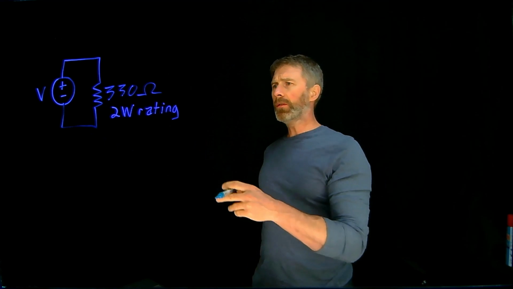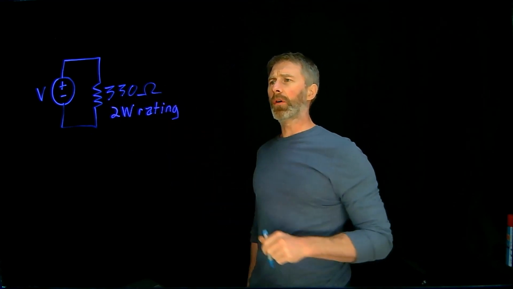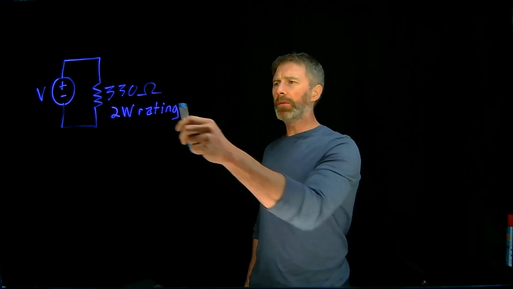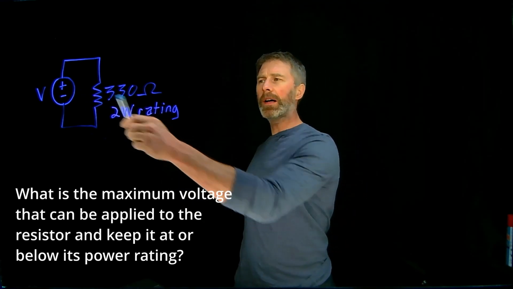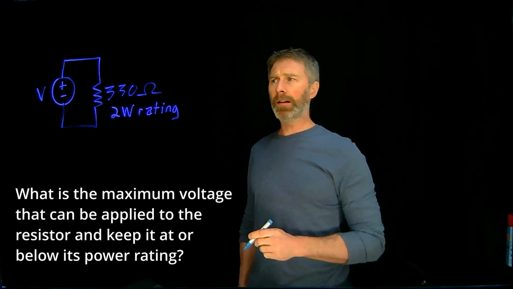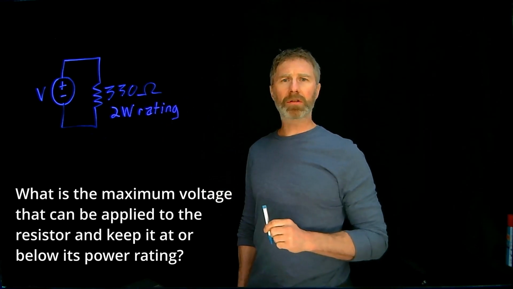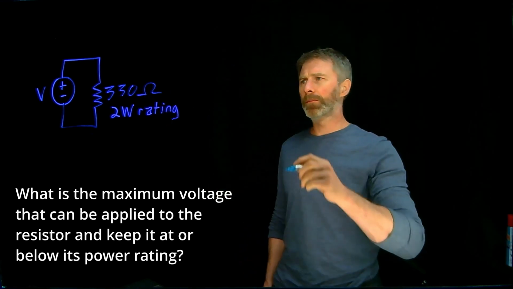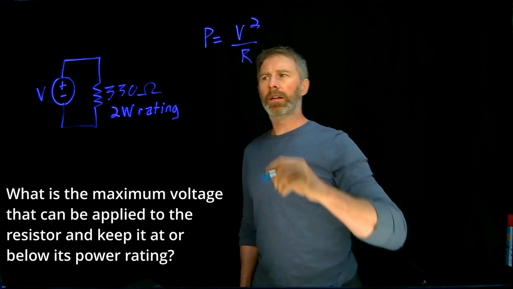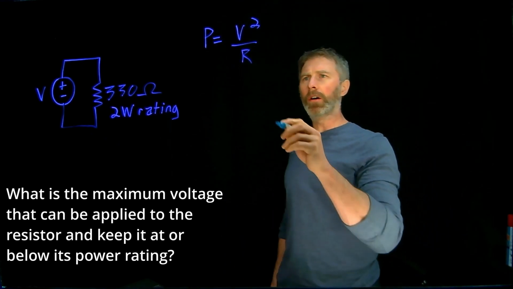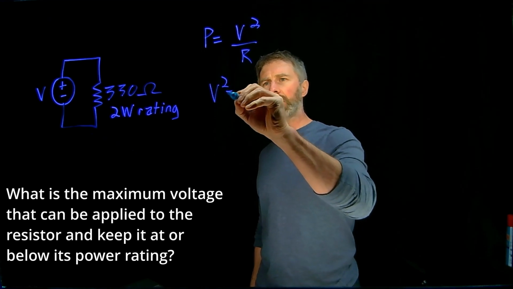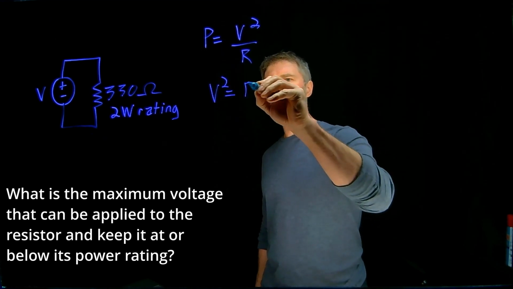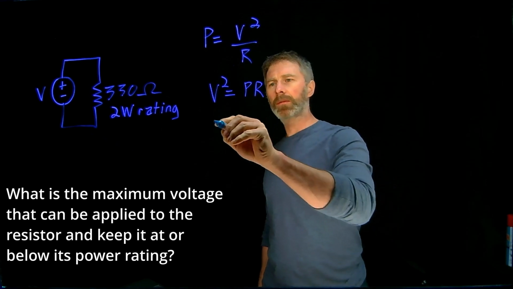Okay, in this question, we have a voltage source connected to a 330 ohm resistor. That resistor has a 2 watt rating. So the question is, what is the maximum voltage that I can apply to this 330 ohm resistor without exceeding its power rating? Again, we know power is equal to V squared over R. The thing we don't know is what is that voltage. So rearranging this equation, we get V squared equals power times resistance.